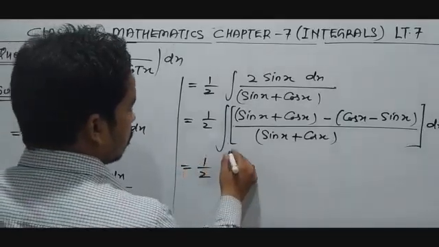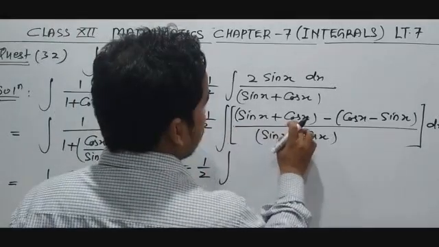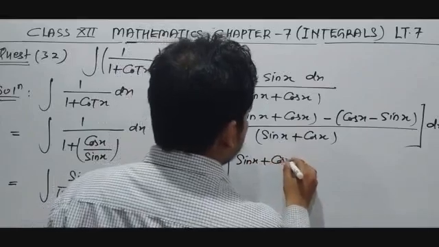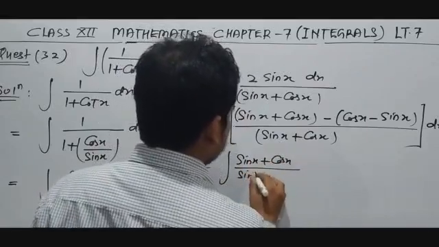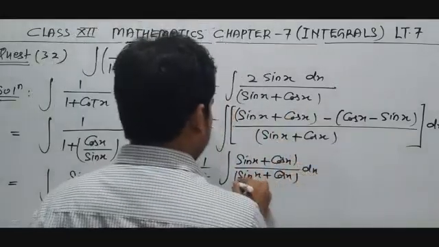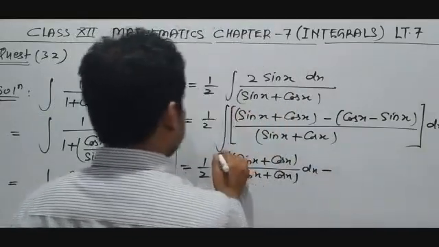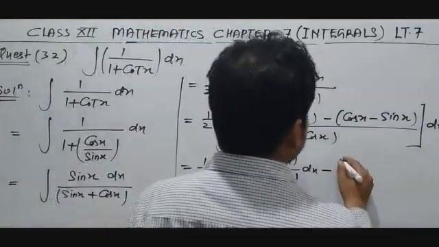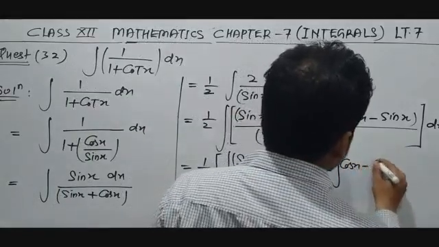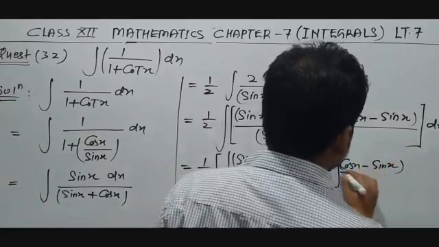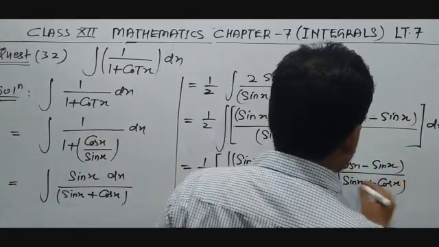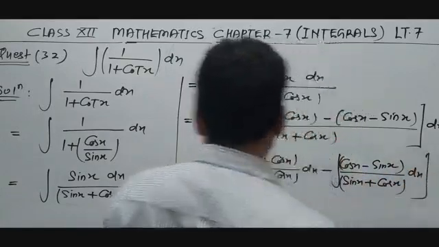1 by 2, integration of (sin x plus cos x) whole upon (sin x plus cos x) dx, similarly minus, in a square bracket, integration of (cos x minus sin x) whole upon (sin x plus cos x) dx, bracket closed.